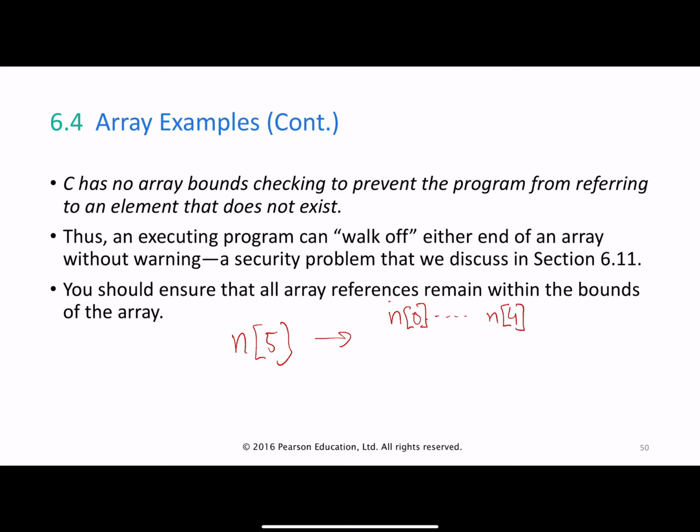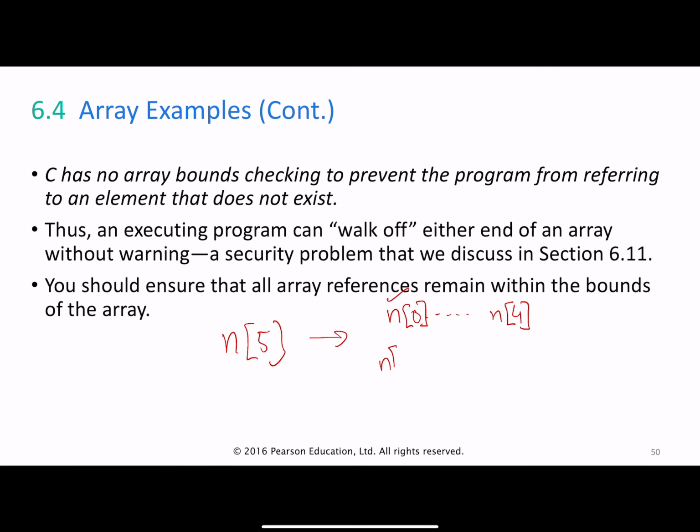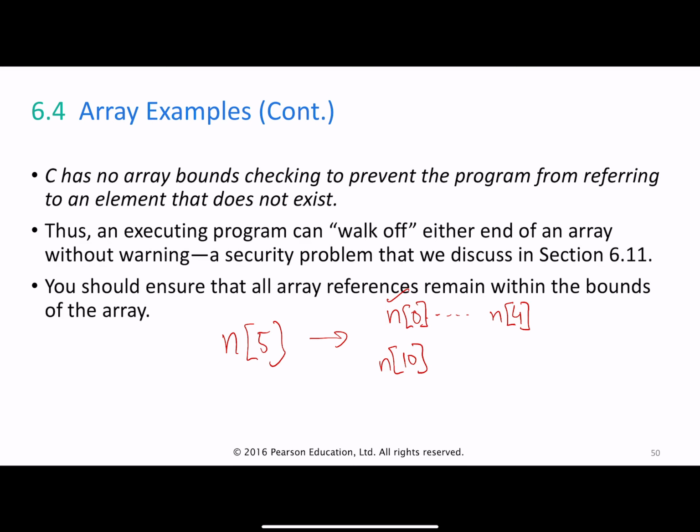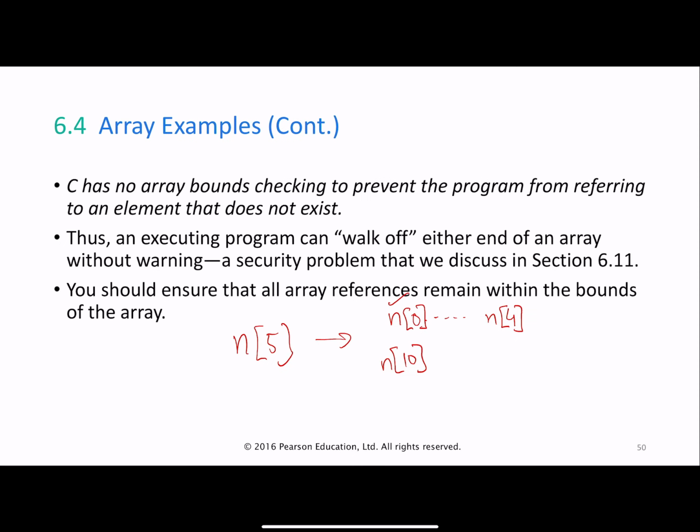But once you have created array n, later on in the code, if you ask to access n[10], your C compiler will not stop you. It will access whatever is at the 10th element location after the start of the array in your memory.